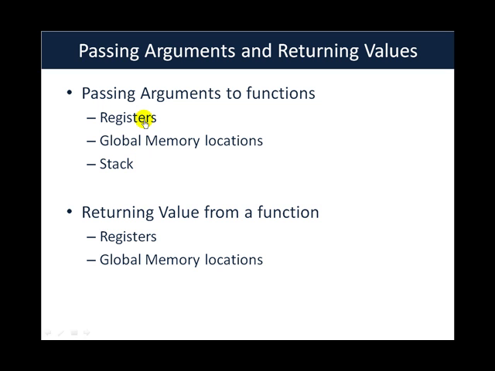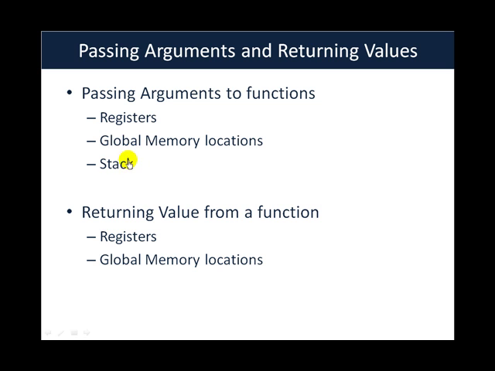You could use registers in which you load the arguments before calling the function. You could use global memory locations, where you define a piece of memory in the .bss segment or in the data segment, which you could later pass as an argument.